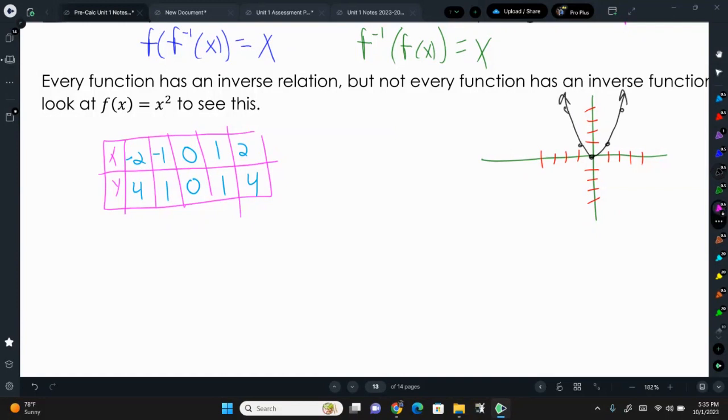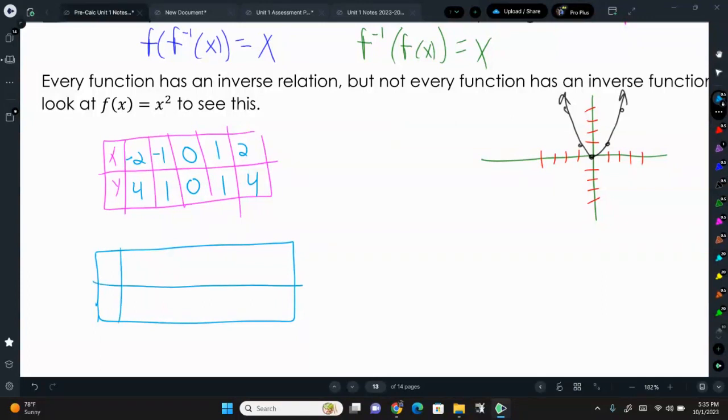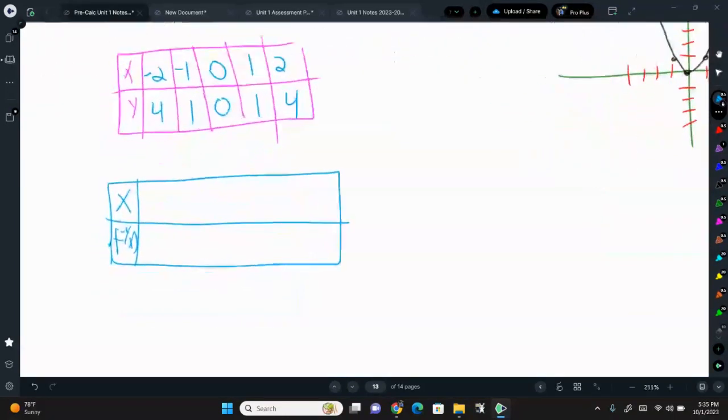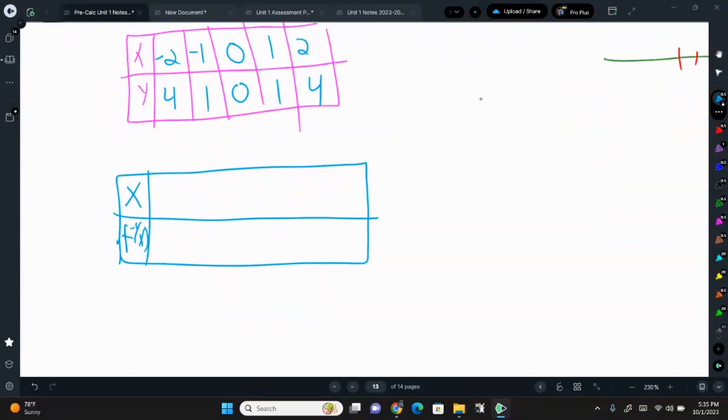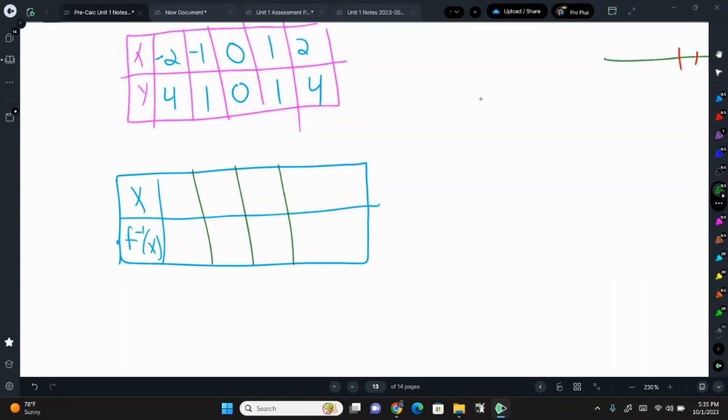Okay, so we have f of x. Now the inverse, remember, is when we change x and y. So if we were to start a new table, we have x, and then we have the inverse of f of x. And we switch the x and y values.